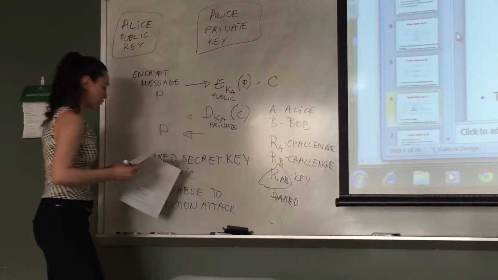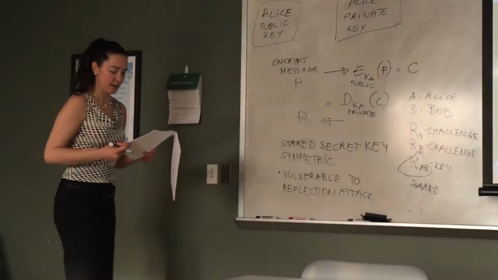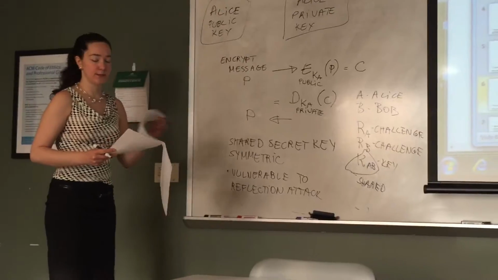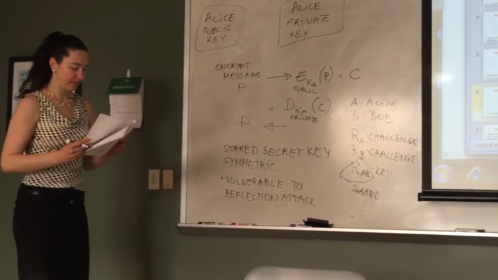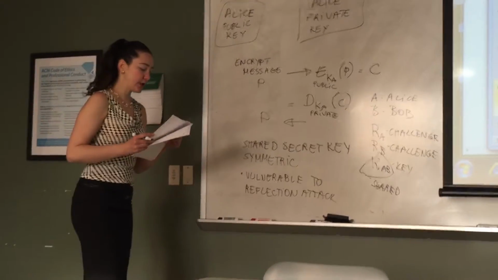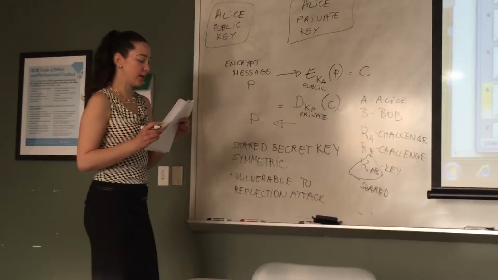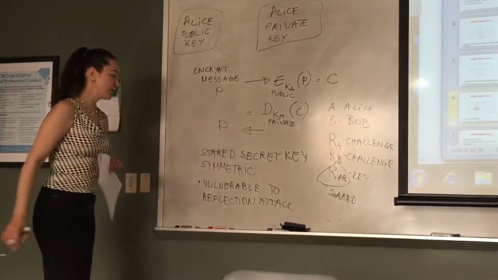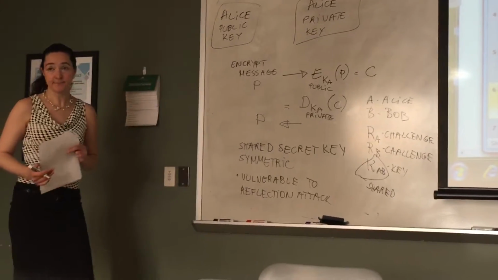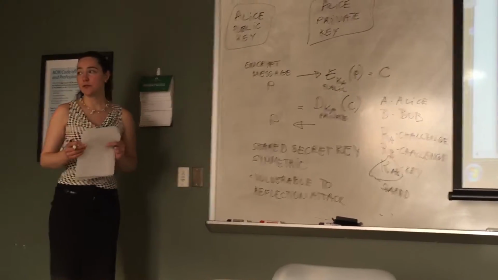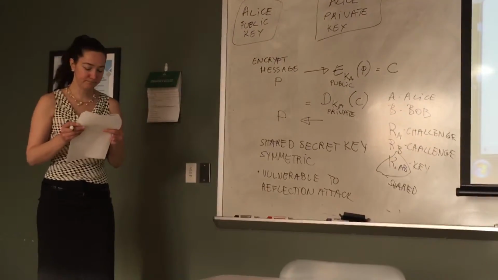Now, we can try to secure the algorithm from this reflection attack, and we have a way to do that. We can have the initiator prove who they are before the responder does. It would avoid the issue that's currently happening.